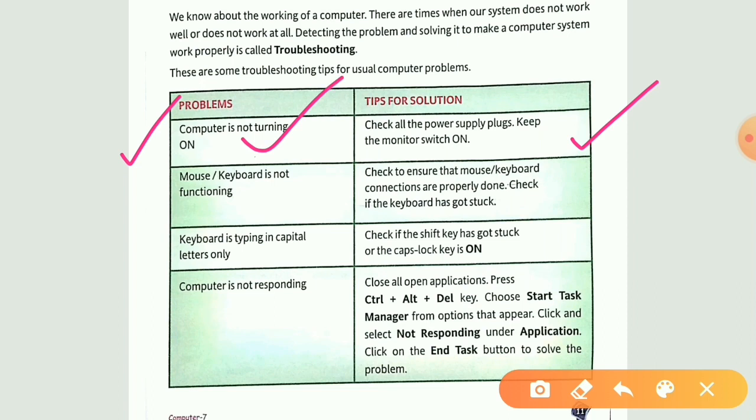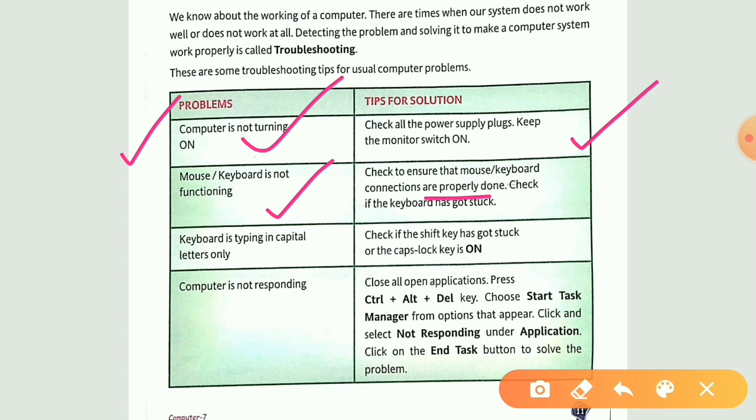Now the second one: mouse or keyboard is not functioning. You can check to ensure that the mouse or keyboard connections are properly done. Check if the keyboard has got stuck. The keyboard as well as your mouse are hardware devices, and you need to connect those devices with your computer.